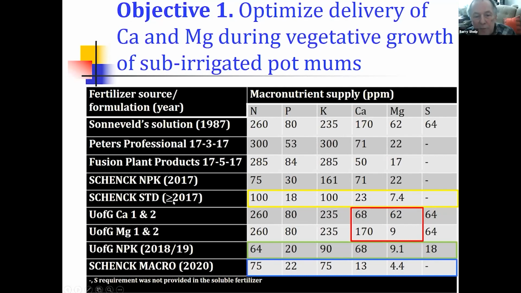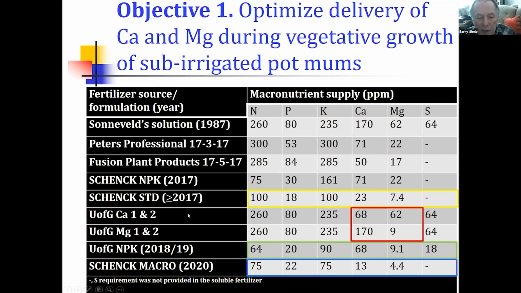They adopted a fertilizer rate of 100 ppm of nitrogen, which I'm calling the Schenck standard. This has 18 ppm of phosphorus, 100 ppm of K, and so on. And they used this successfully for at least a couple of years with excellent results.